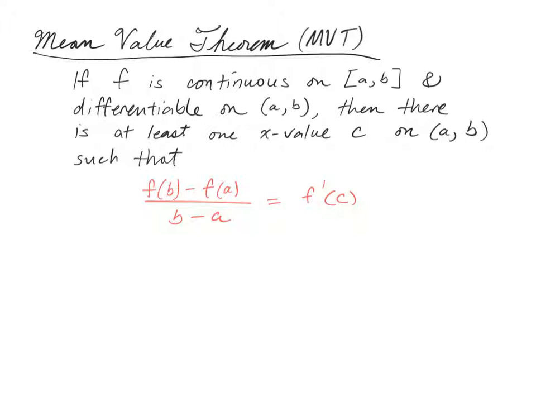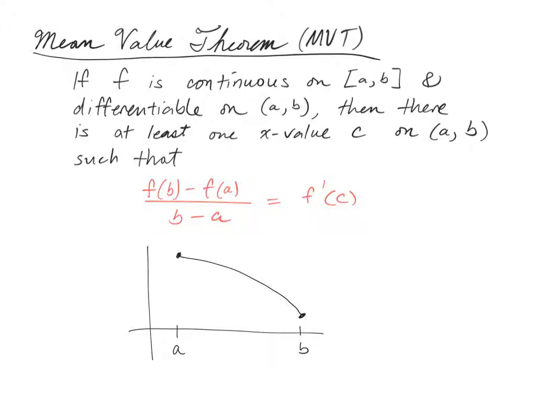So in pictures, what that looks like, if you have some random graph going from a to b, and it has to be continuous on that interval a to b, so I'll start up here, and maybe I'll draw a graph that looks something like this, and it has to be differentiable on the open interval a, b. Both of those are true with this graph.